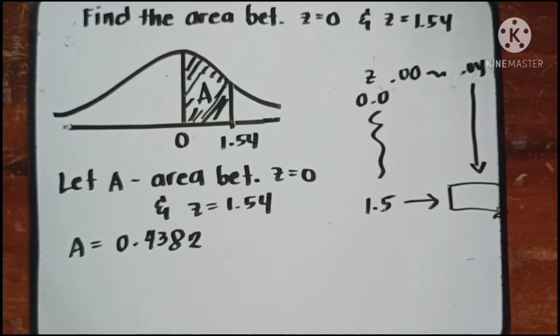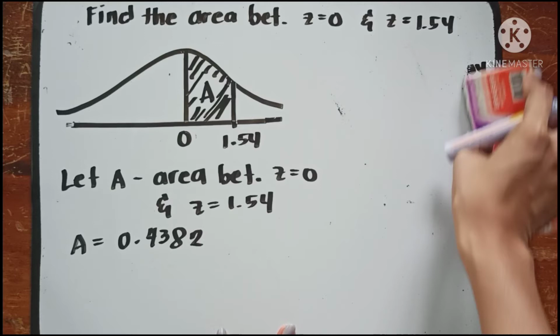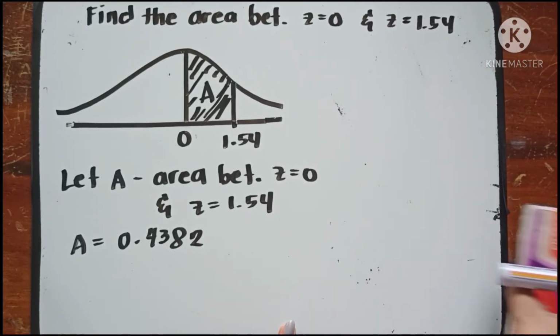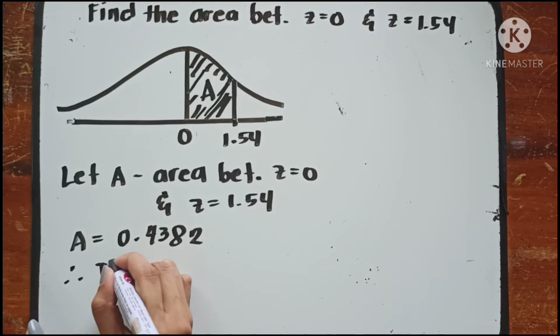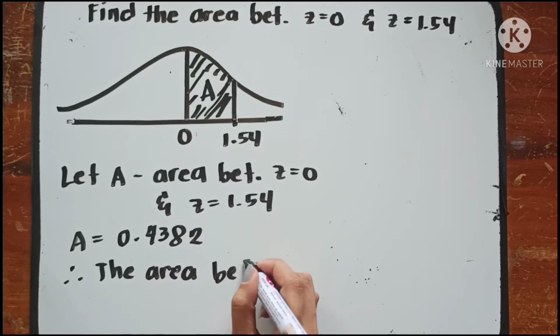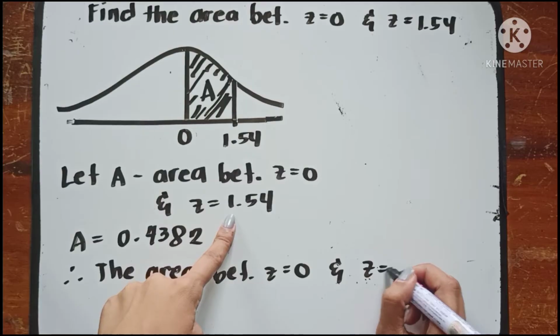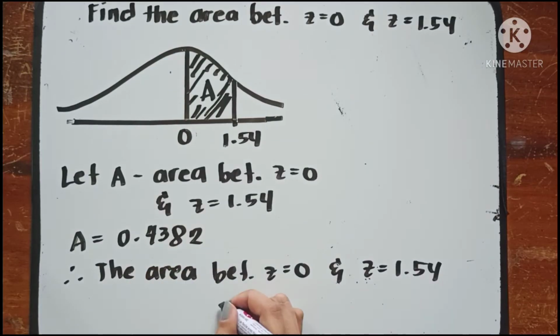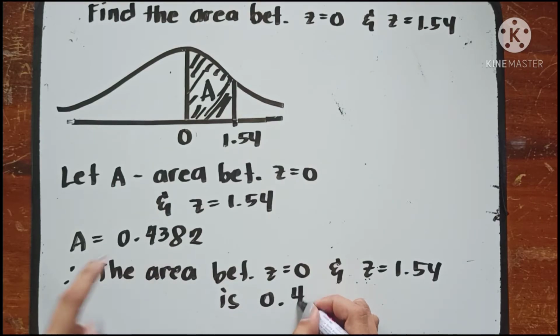So, again, kapag ganito ang given, hindi na natin kailangang mag-solve. Ang gagawin nyo lang is, hahanapin nyo sa Z-table ano ba yung value nung number na yun. Okay? So, therefore, the area between Z is equal to 0 and Z is equal to 1.54 is 0.4382.